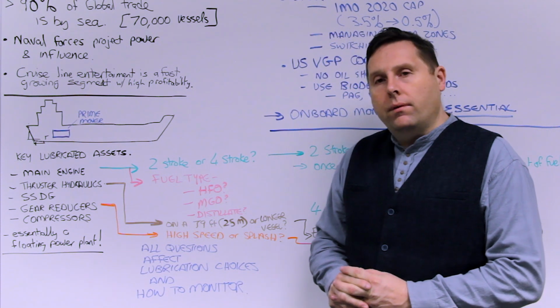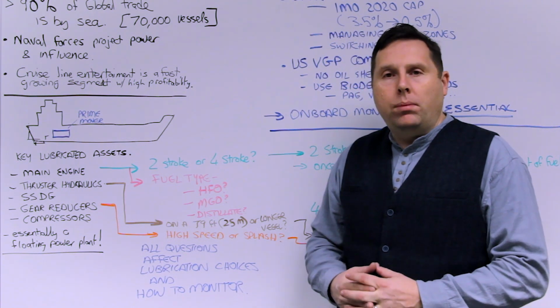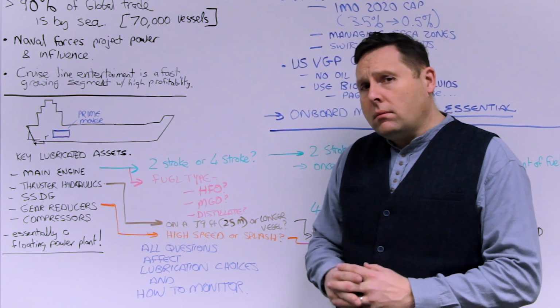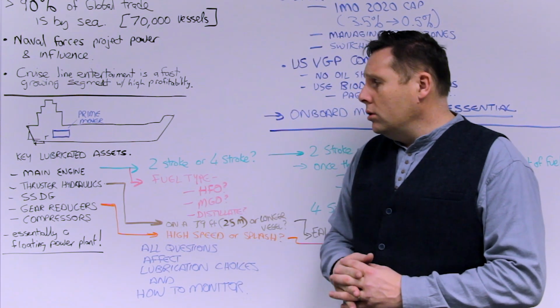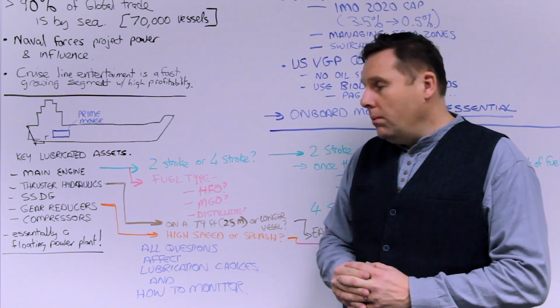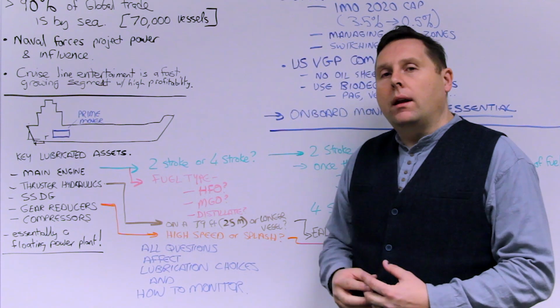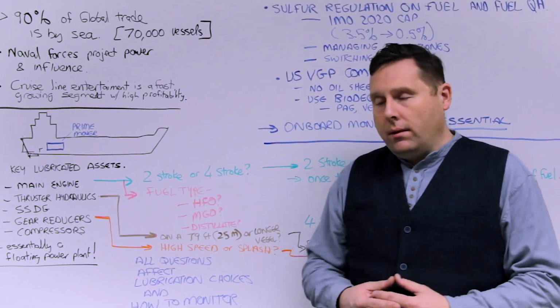You've got compressors for air. Essentially, what you have is a floating power plant. And so you have many, many different lubricated assets. There's a variety of different choices because in this world you have different types of engine design, different types of fuel that are used, and different types of fluids that are used, and as a result of that, we have to monitor those on a regular basis.